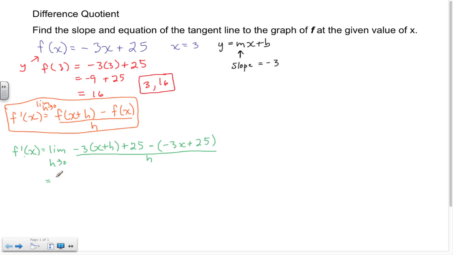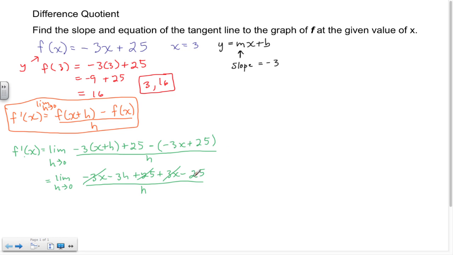Again, I rewrite so I can begin to resolve. So the limit as h approaches 0, I distribute this negative 3 to get negative 3x minus 3h plus 25, and distribute this negative, which changes both of those signs, positive 3x minus 25, and everything here is divided by h. At this point, I should have some terms cancel out. If you're not canceling terms, then you've definitely made a mistake somewhere. So I've got the negative 3x and a positive 3x, so those go away.